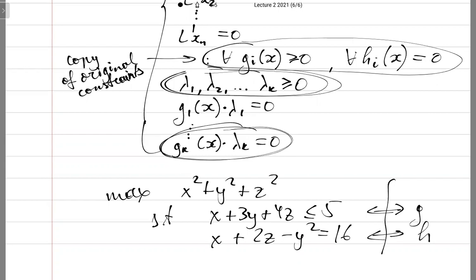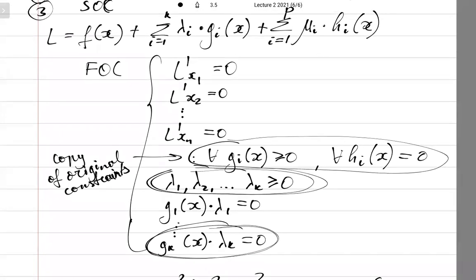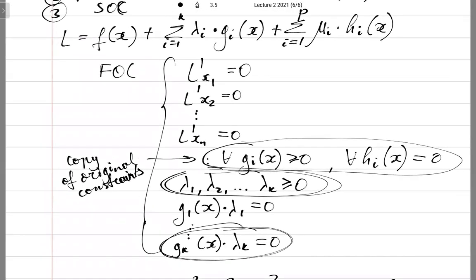So today we have built intuition. We have not proven this rigorously. So next time we plan to solve some examples, and I think we will continue with examples to better understand and get used to these conditions.